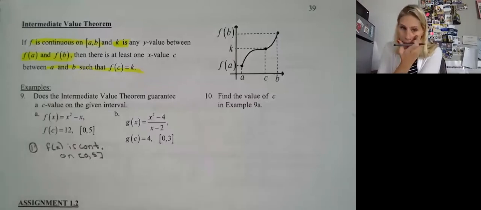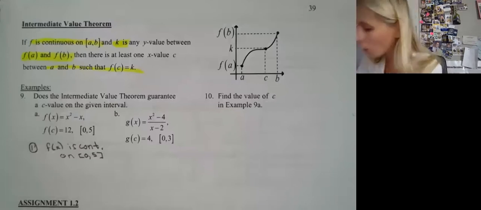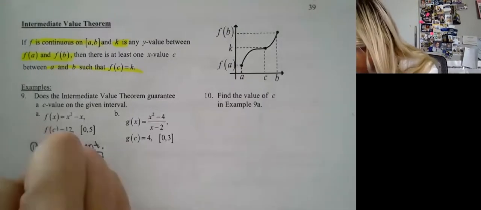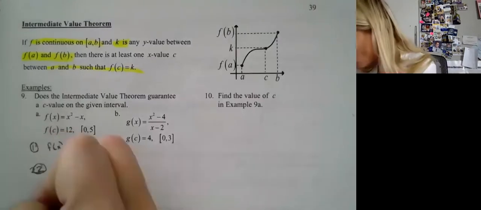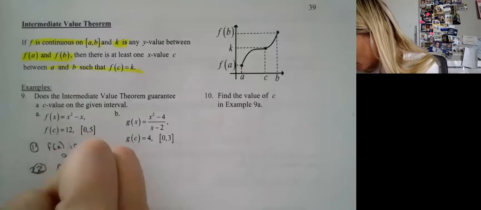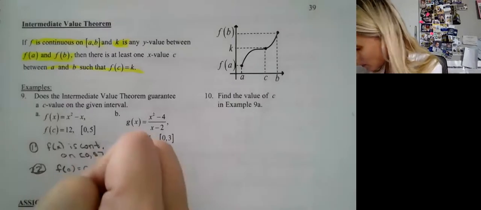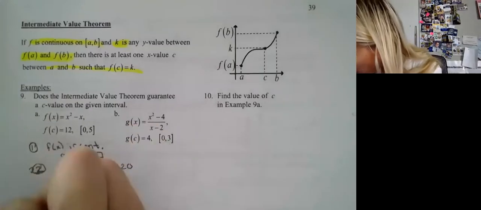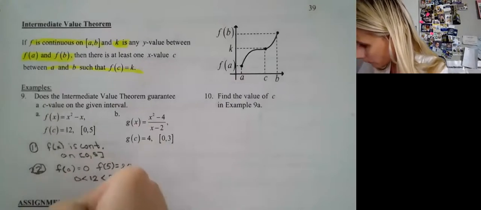The second part is to check that your K value is in between your other 2 values. So number 2, what you are going to do is find your F of A and F of B value. So F of 0 would be 0, and F of 5 is 20. So is 12 between 0 and 20?